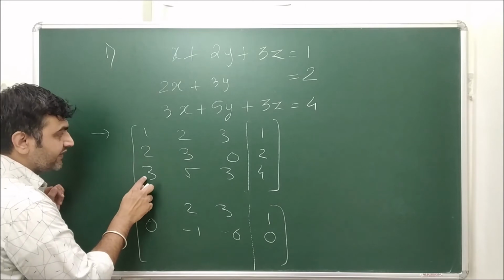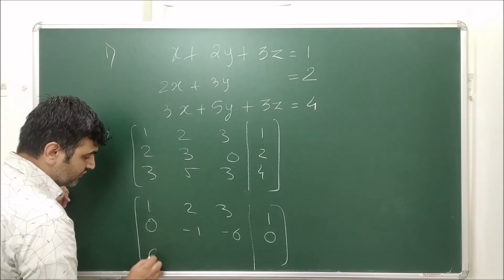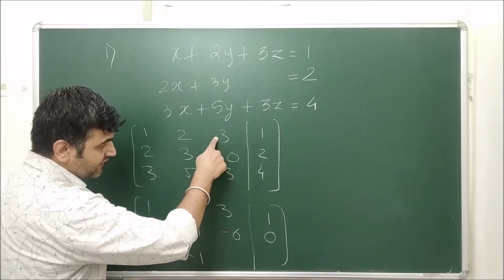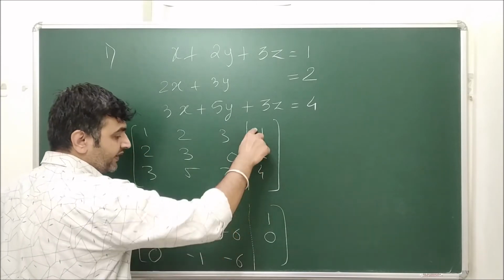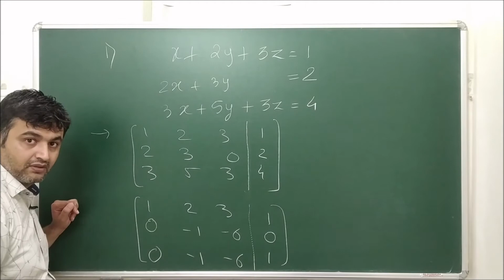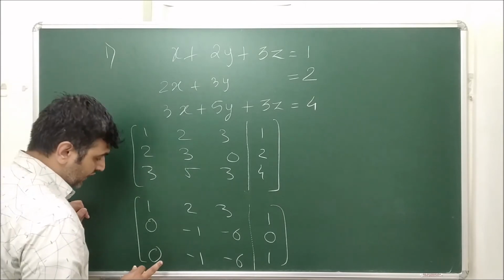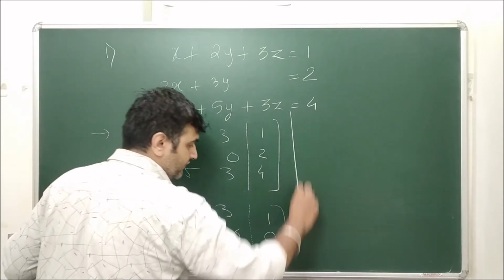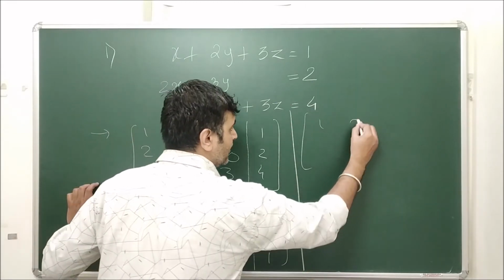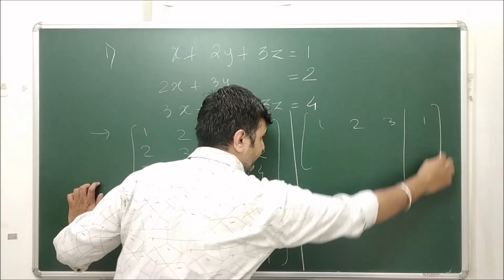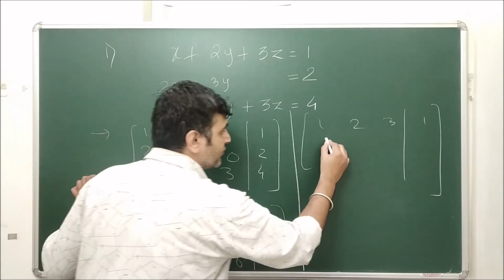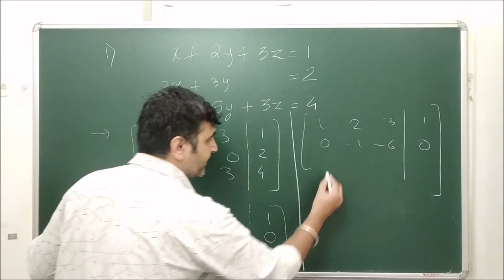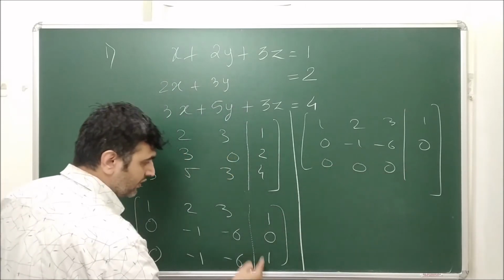Now R3 minus 3 times R1 gives 0, 5 minus 6 is minus 1, 3 minus 9 is minus 6, 4 minus 3 is 1. Now you can see these two rows are the same, so you do R3 minus R2. Once I do R3 minus R2, the first row is the same, the second row is the same, and the third row is 0, 0, 0, and this is 1.